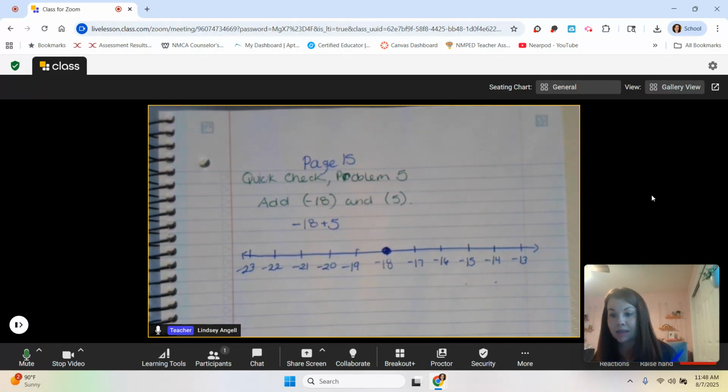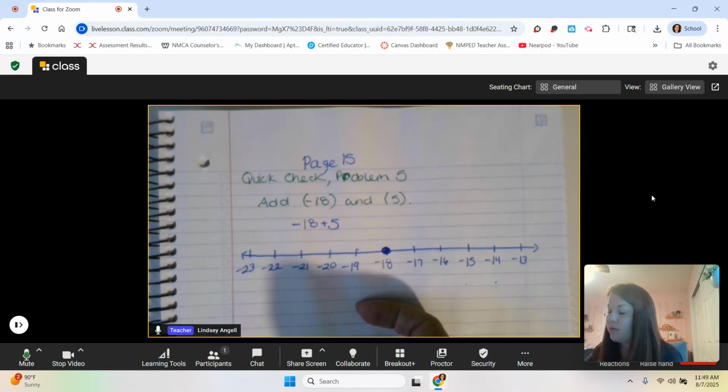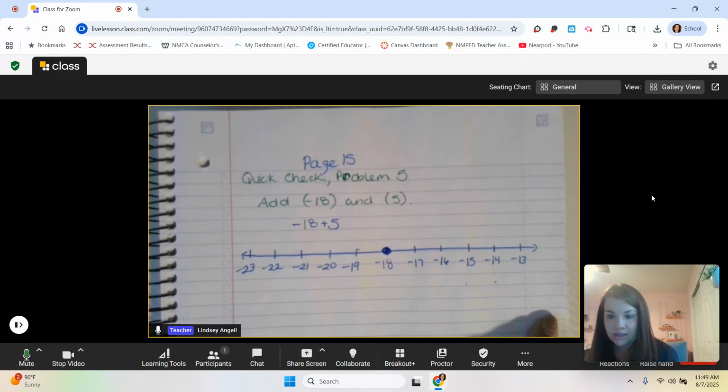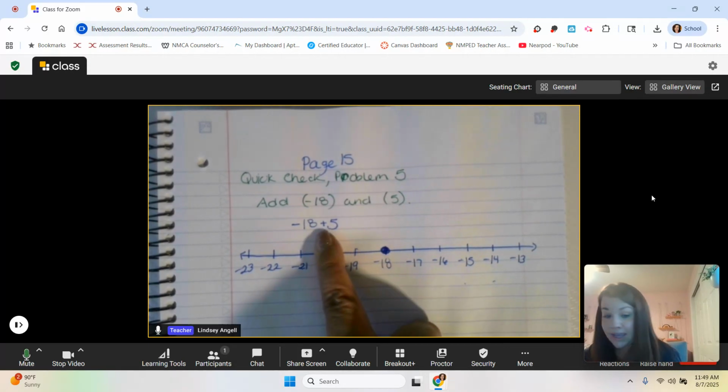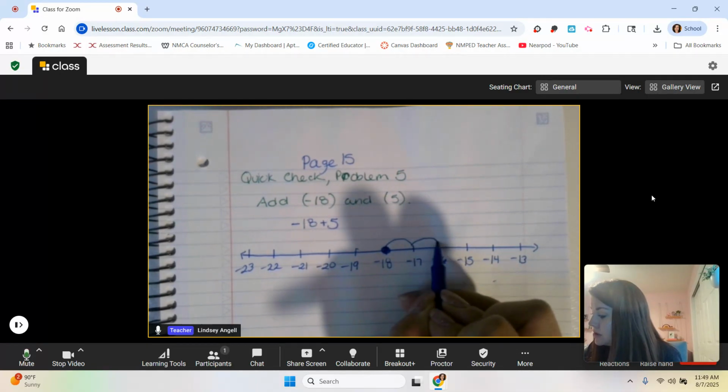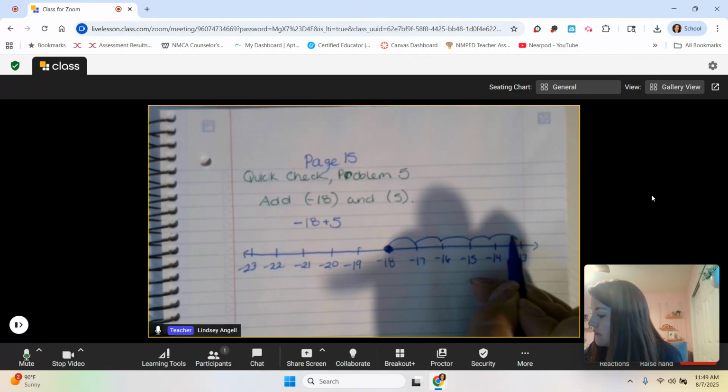This time I'm adding 5. Remember from the hints or from the previous problem, right? If we're adding a negative, we go to the left. If we're adding a positive, we go to the right. Well, this 5 is positive. So I'm going to go to the right 5. 1, 2, 3, 4, 5.